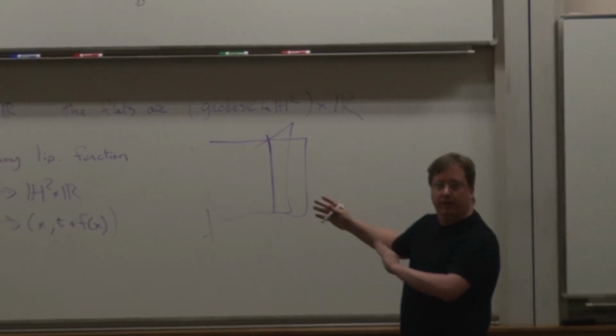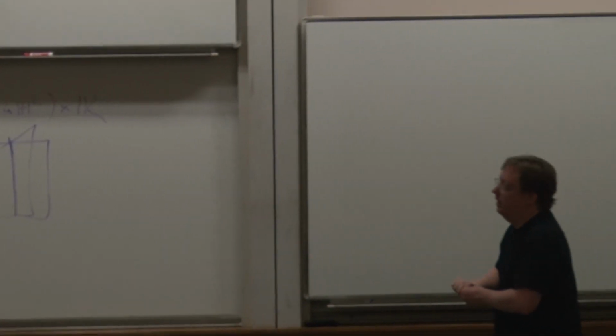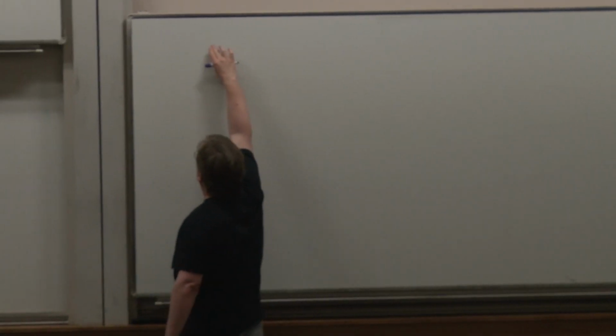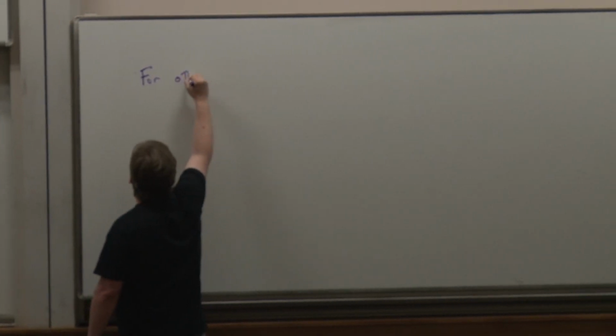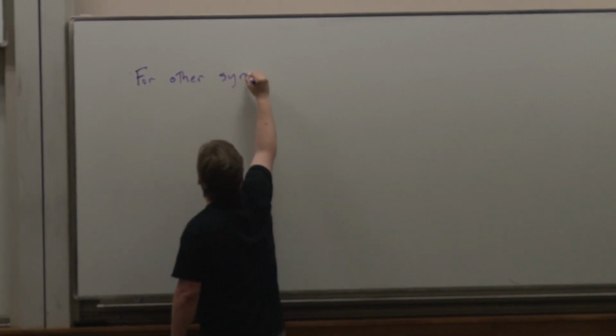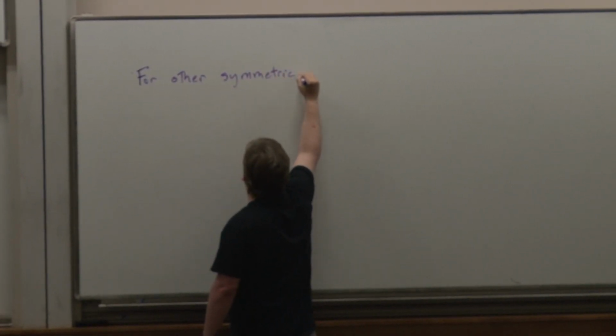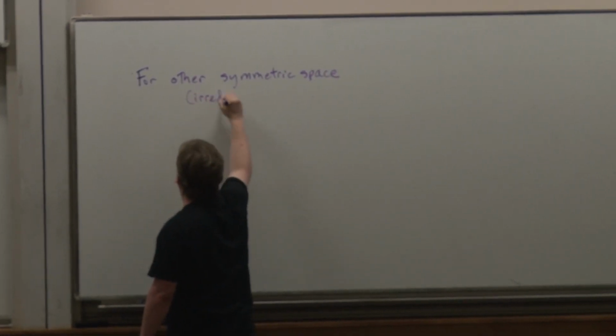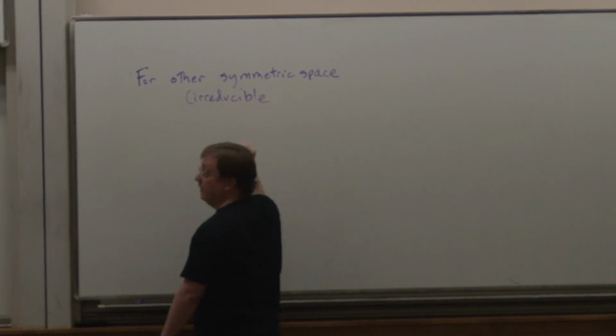Now, for things that aren't products and really have lots of flats running around in all sorts of crazy directions, which you don't get in dimension 3, but you do get for other symmetric spaces: irreducible, so not products, that's key.